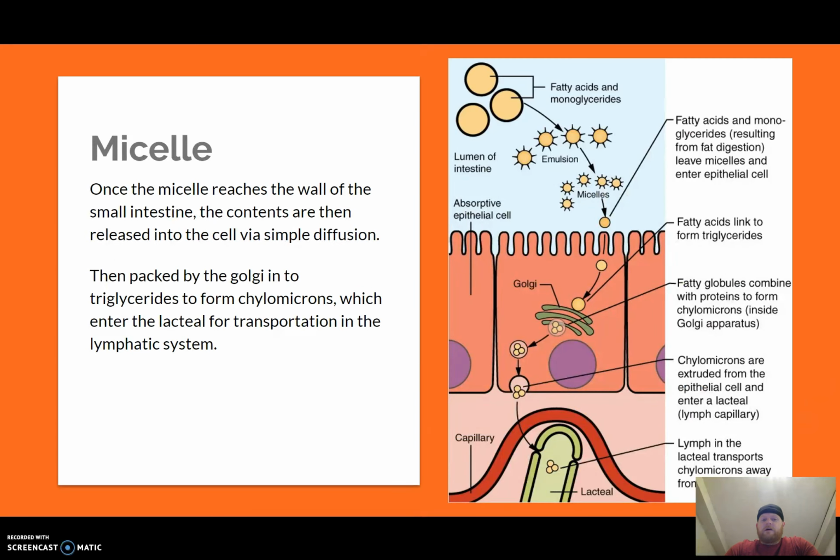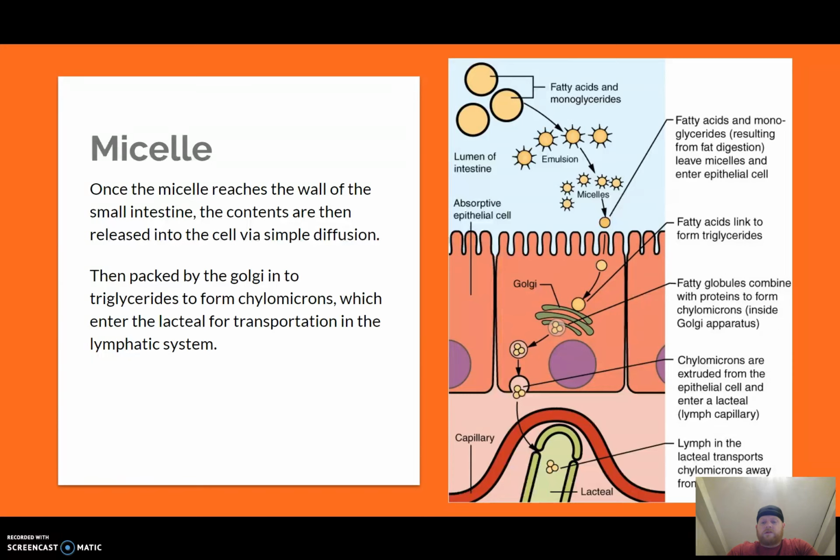The micelles react very easily with the walls of the intestines, and by way of simple diffusion are able to get these droplets in, where they're formed into triglycerides and then packed with the Golgi in order to get into the lymphatic system.